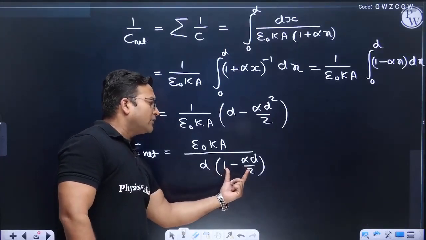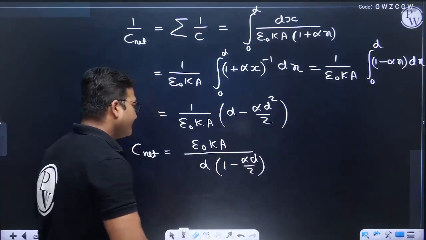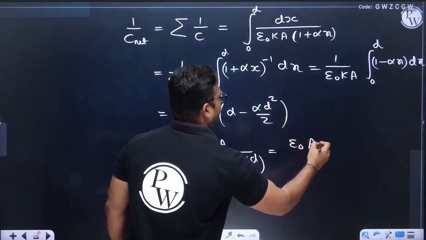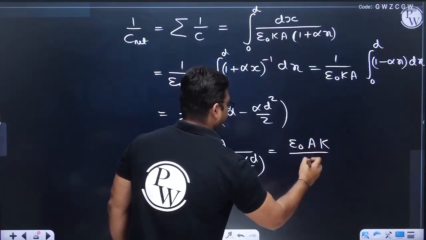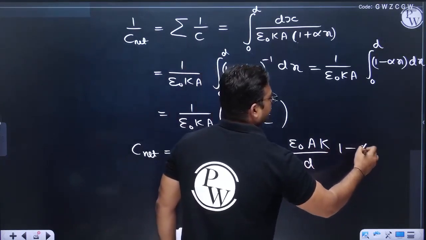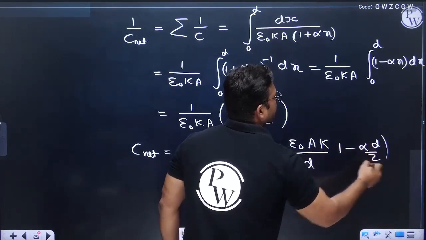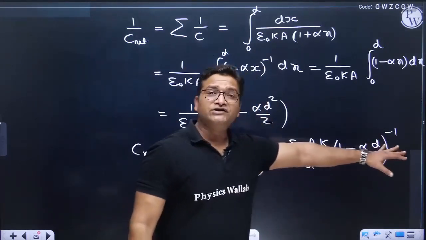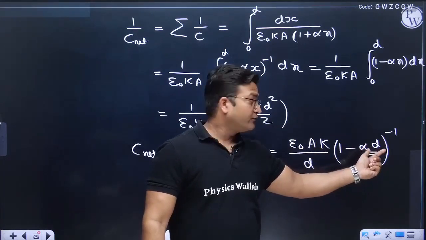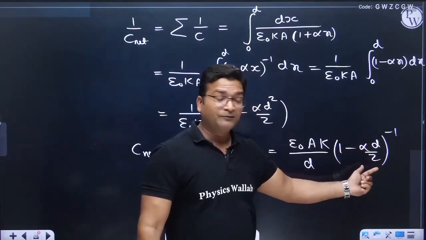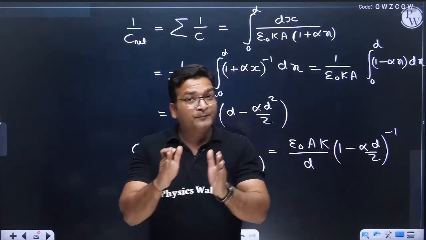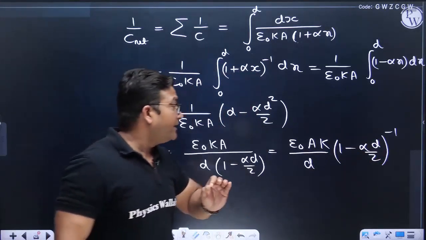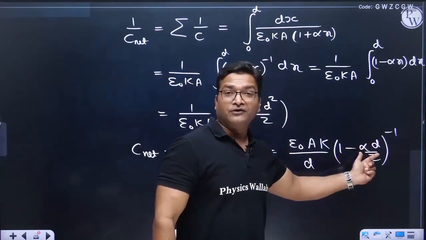I can bring this denominator in the numerator, and I'll put it as epsilon naught A K divided by d, and (1 minus alpha d by 2) to the power minus 1. Again, expand this binomially. Alpha d is very small, so alpha d by 2 is also very much smaller than 1. So I'll keep only 2 terms of binomial expansion, and I can ignore all higher order terms of alpha d.